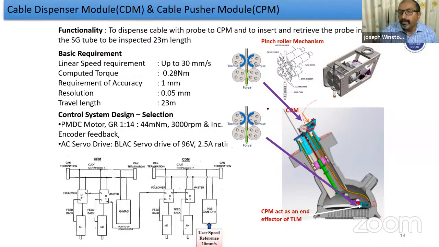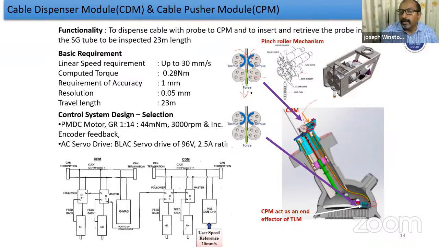So what we have done is put in an idler pulley, and the idler pulley has an encoder. The active pulleys are attached to two motors, running one clockwise and one anti-clockwise, so that the cable is pushed inside with force.